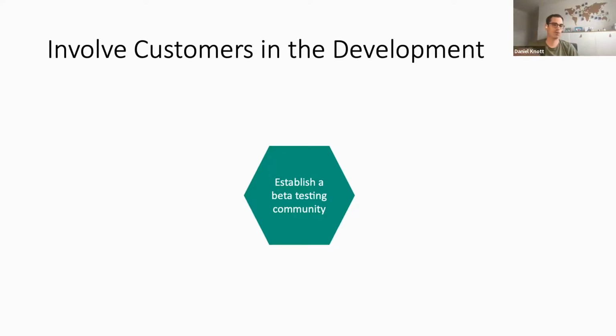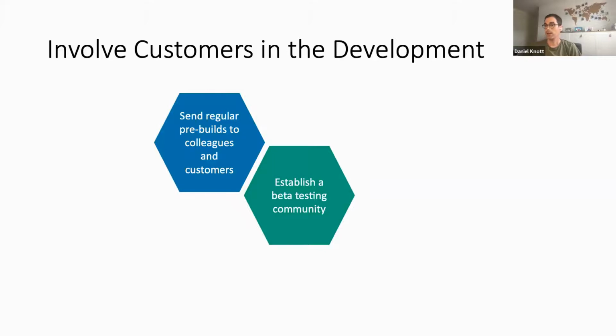And for that, you could also send nightly builds to test and give feedback. Send regular pre-builds to colleagues and customers. That's what we have also done in our current company. We have more than 2,000 colleagues, and we are not allowing them to use the app from the app stores.